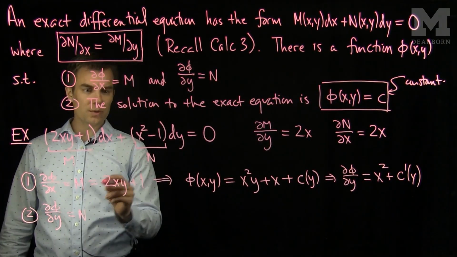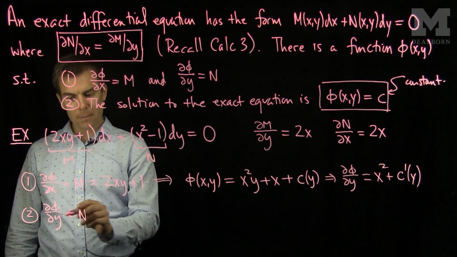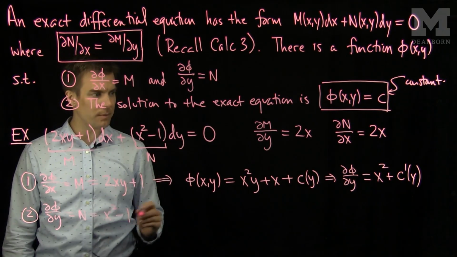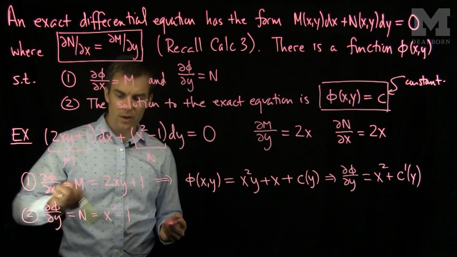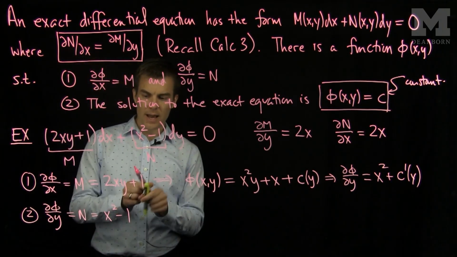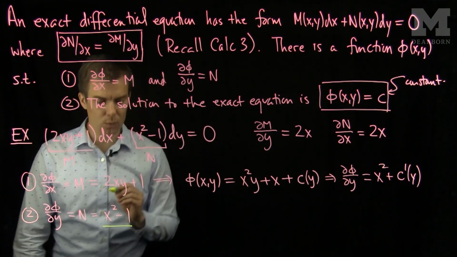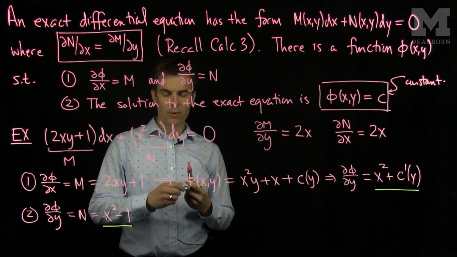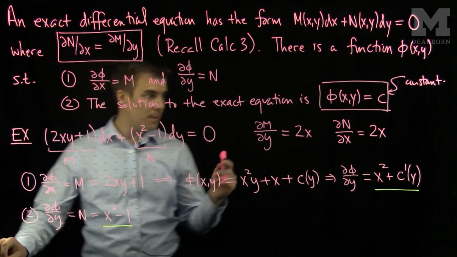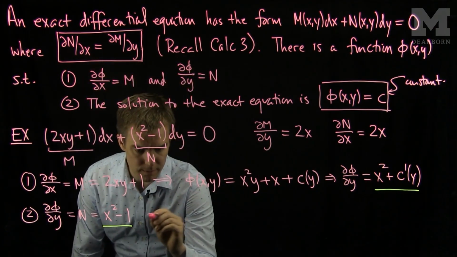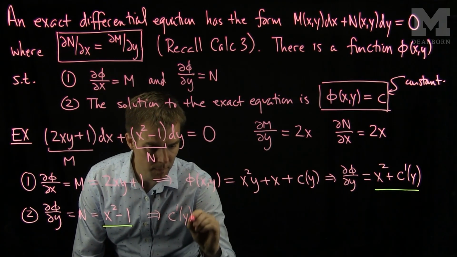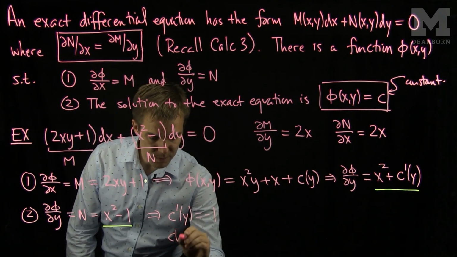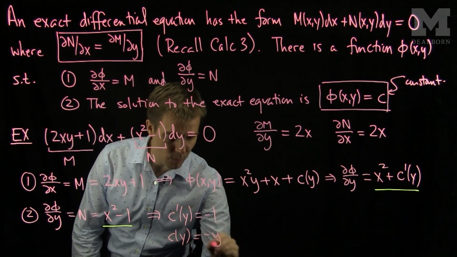But condition 2 tells us that partial phi partial y is N, which is x squared minus 1. Relating these two equations, I see now that x squared minus 1 must be equal to x squared plus c prime, which tells me that c prime of y has to be negative 1. If c prime of y is negative 1, that tells me that c of y is negative y.